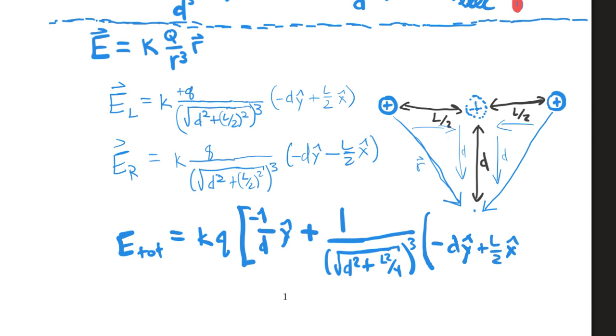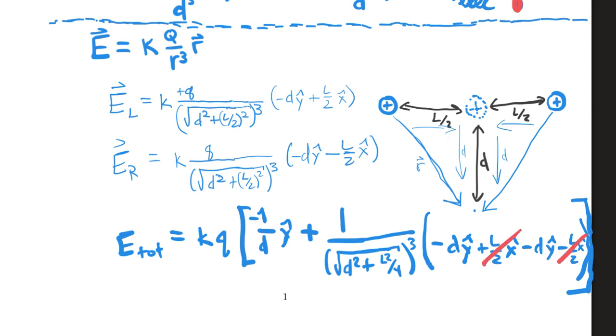And then from this, we have minus d y hat, plus, oh, not plus, this is important, minus L over 2 x hat. Then let's close our parentheses and also close our big bracket there, because this whole thing is times k and q. And one nice thing you'll notice is that this term and this term cancel.